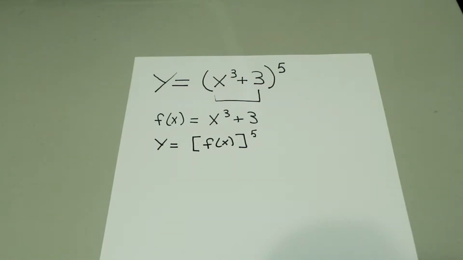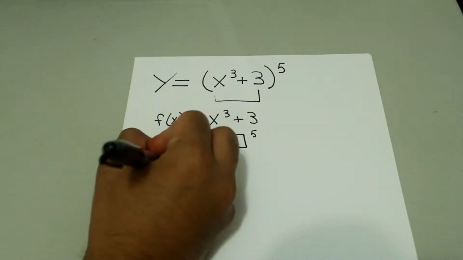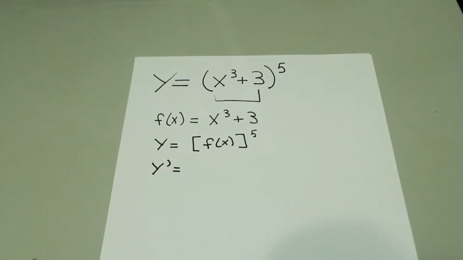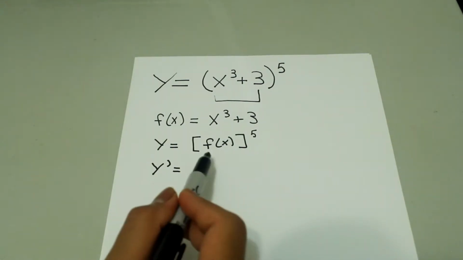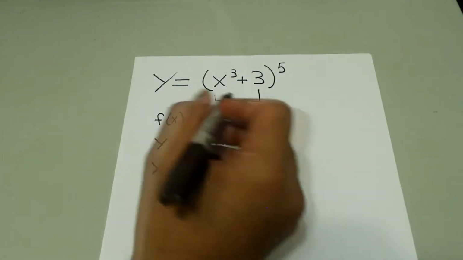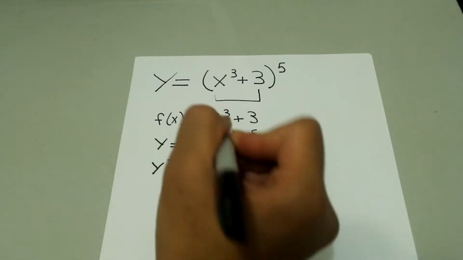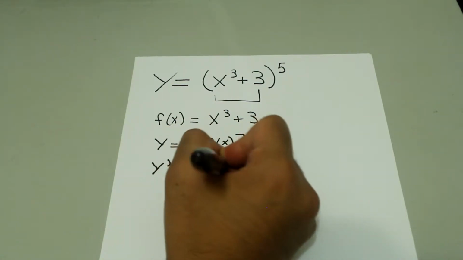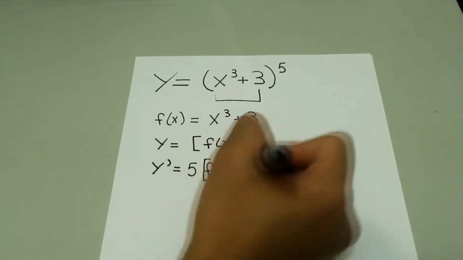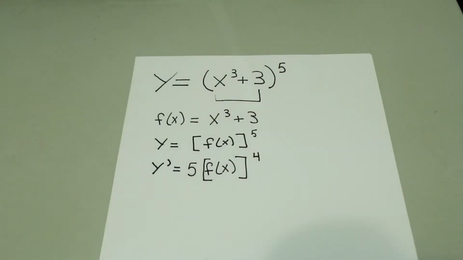So now if we wanted to find y prime, what we could do is just differentiate it as if this was an x. So bring down the 5 as a coefficient. So 5 times f of x, now subtract 1 from the exponent, so 5 times f of x raised to the 4th power.